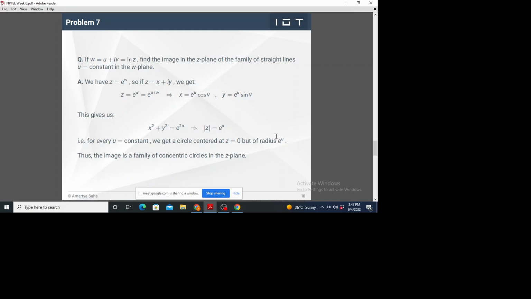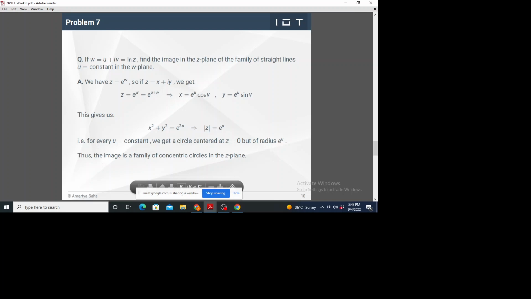The map of one particular member of the family is this one that I have written: u is some constant, and that is the circle of radius e to the power u. And of course, some other member, characterized by a different value of the constant u, will be mapped differently, again a circle but with a different radius. Suppose that is u dash, so the radius will be e to the power u dash.